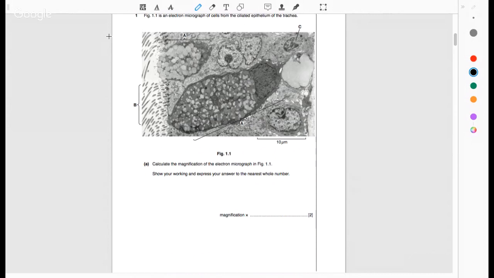And the cells of the airway. The airways.